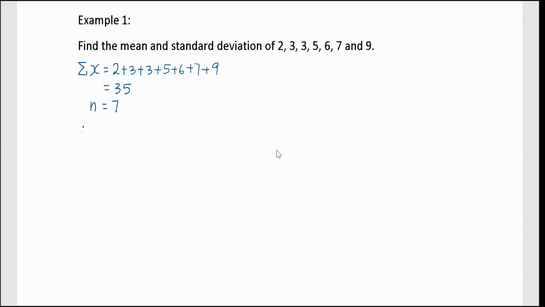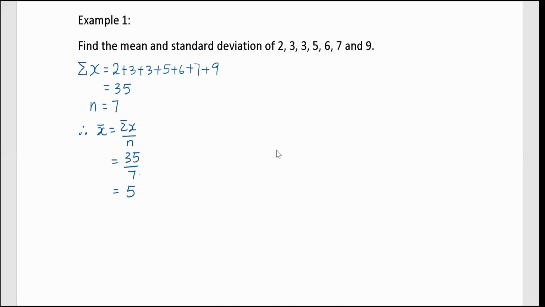Hence, using the formula, the mean is given as sigma x divided by n. We have the total, which is 35, divided by 7. Then the mean will be 5.